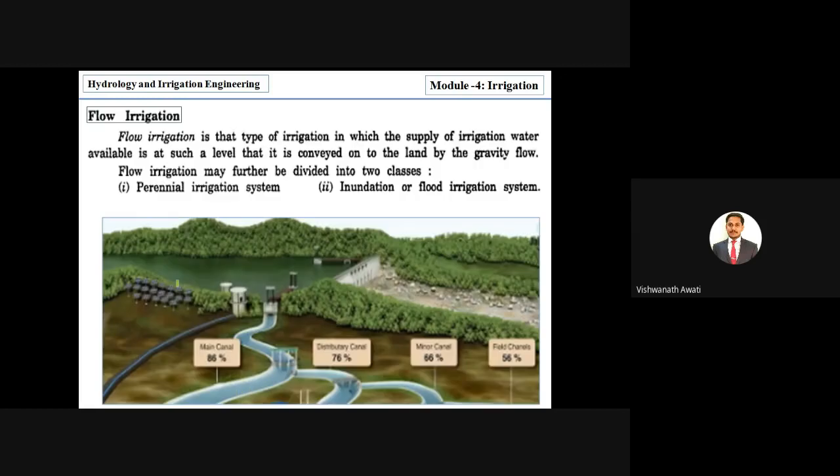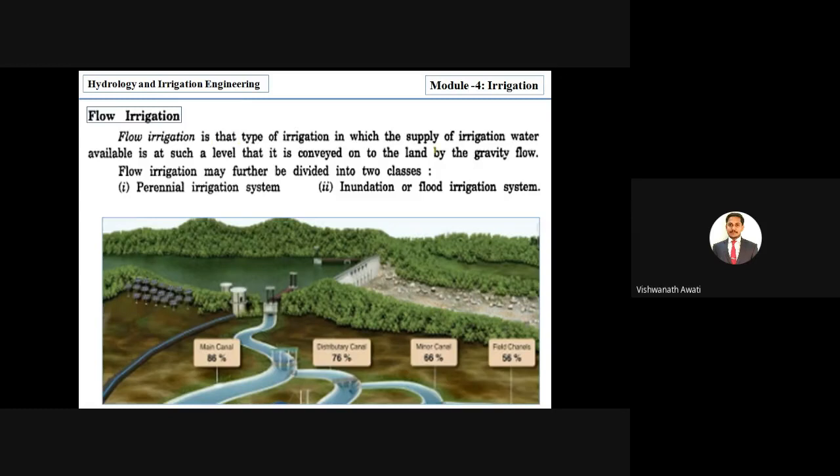Next we'll go for flow irrigation. What do we mean by flow irrigation, and why is it named flow irrigation? Flow irrigation is that type of irrigation in which the supply of irrigation water is available at such a level that it is conveyed onto the land by gravity flow.